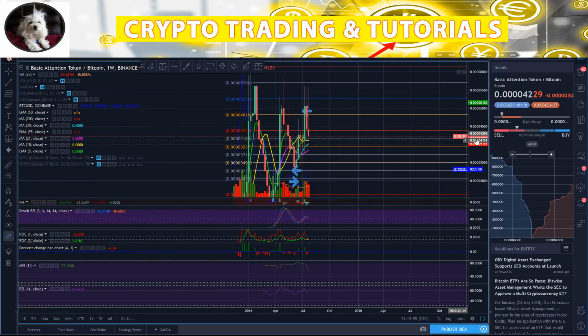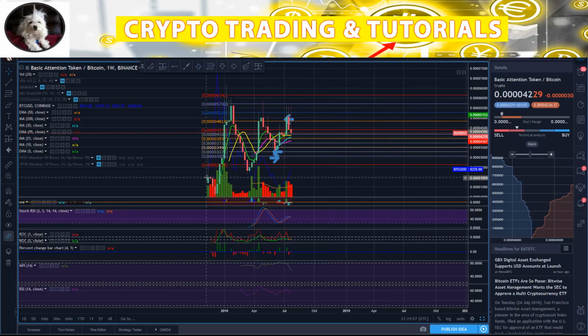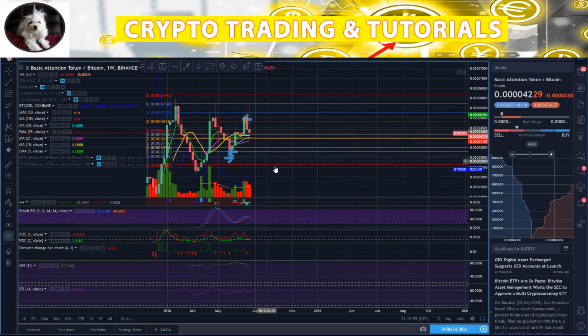I'm even trading off the weekly on a lot of these things. So you look at the weekly and you say, well, what does the weekly look like? So when you're entering a trade, even a swing trade, I'm looking at multiple time frames. I'm looking for as many reasons that I should do that trade.